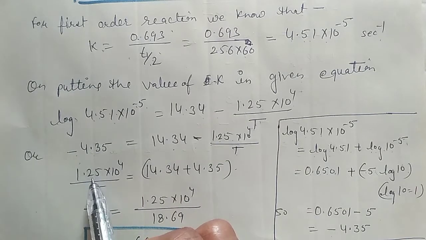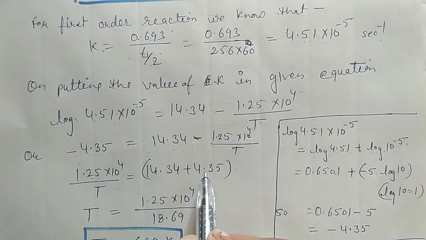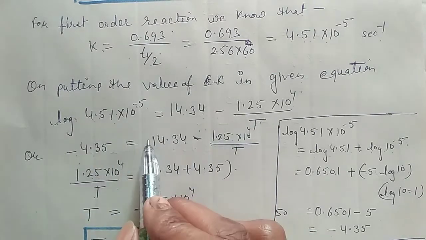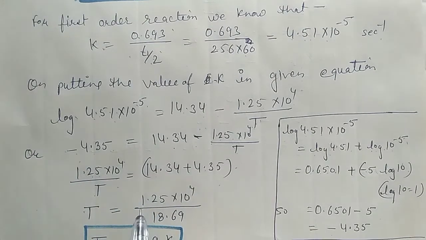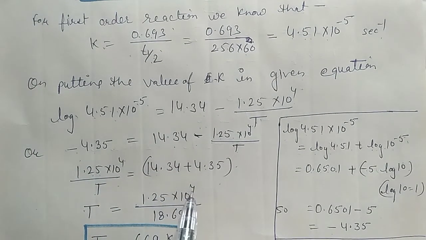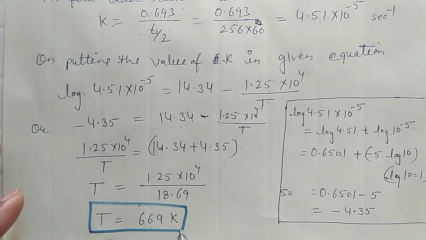Or we can say 1.25 into 10 to the power 4 upon T is equal to 14.34 plus 4.35, the minus signs cancel here. So T is equal to 1.25 into 10 to the power 4 upon 18.69. So the temperature will be 669 Kelvin.